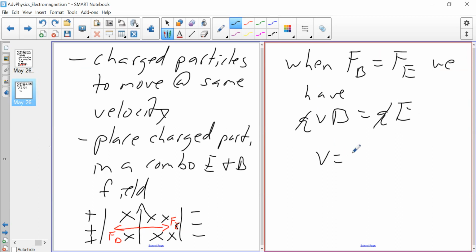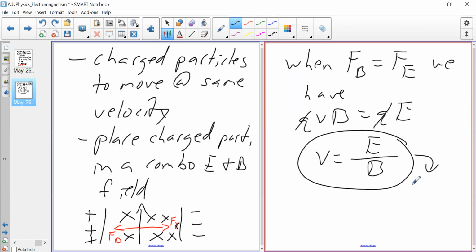And then the velocity will be given as the electric field divided by the magnetic field, v equals E over B. Those particles will always have the same v at those E and B fields, and thus no deflections or circular motion or anything. So it's going to be going straight.